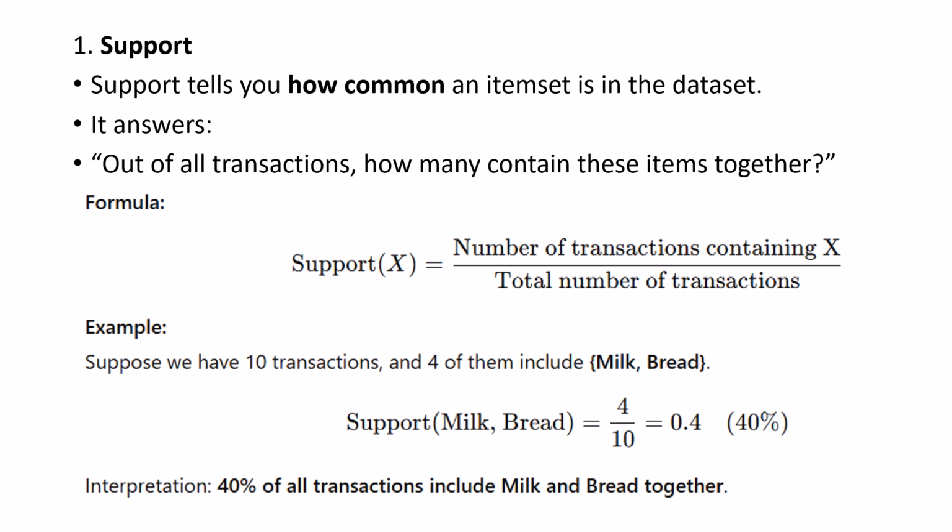Support of milk and bread equals 4 divided by 10, that is, out of 10 transactions, 4 transactions include both the items milk and bread. So 4 by 10 equals 0.4, that is, we can tell that 40% of all the transactions include both milk and bread together.